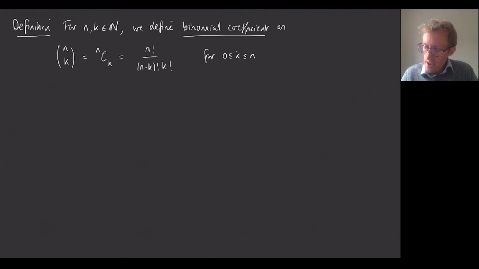And it's quite handy if we can define this so that it works even if k is bigger than n. So I'm going to also define n choose k to be 0 for k larger than n, just so that this is given some kind of definition for every natural number n and k.